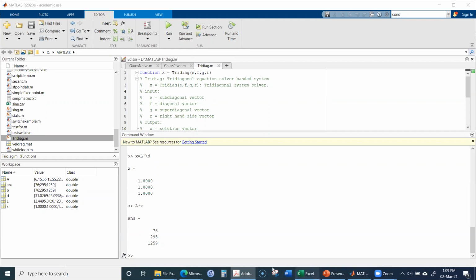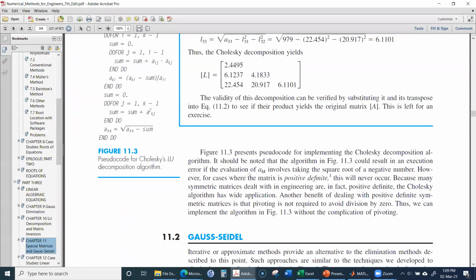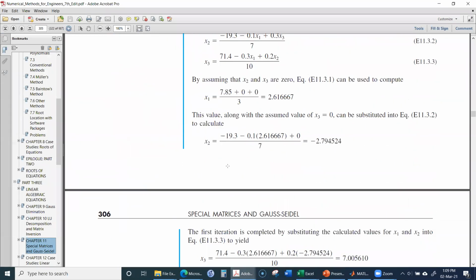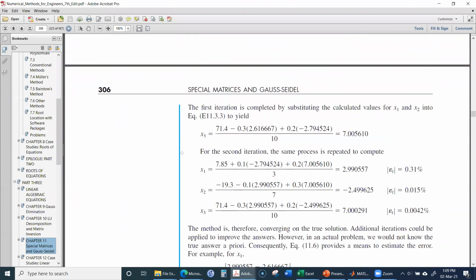And then one more thing is the Gauss-Seidel method. It is more or less similar to the scripts we have done for root finding.